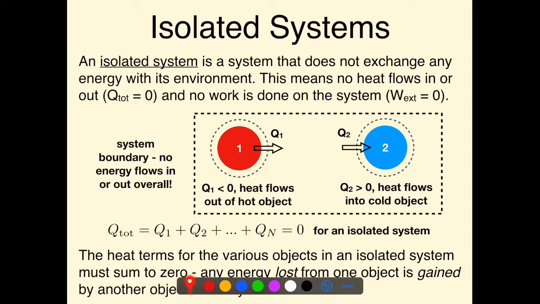That's what it means to have an isolated system, is that the heat terms for the various objects in the system are going to sum to 0. And conceptually, what that means is if one object loses energy, another object has to gain that same amount of energy because overall no energy is flowing in or out of the system.